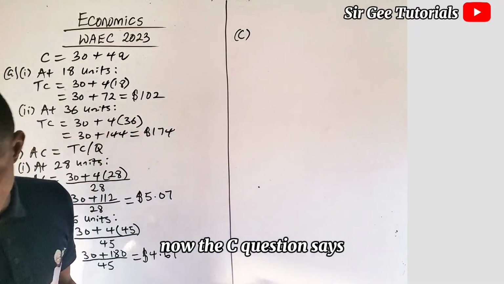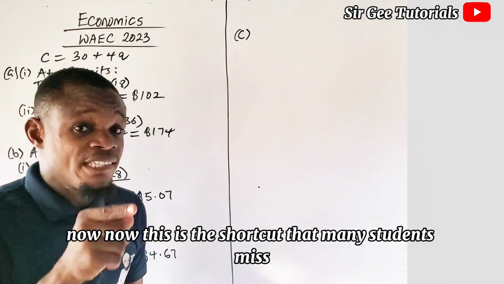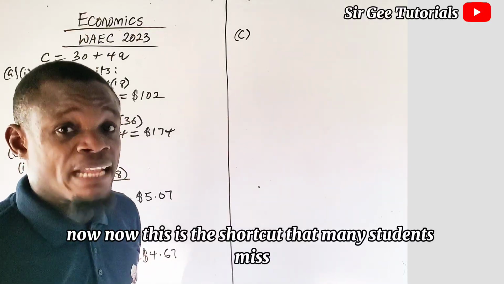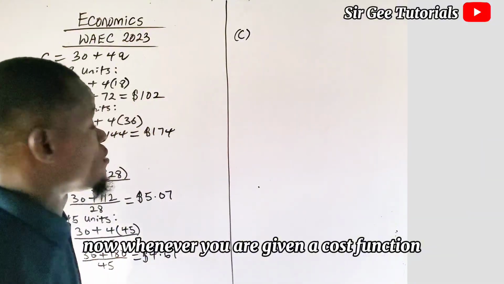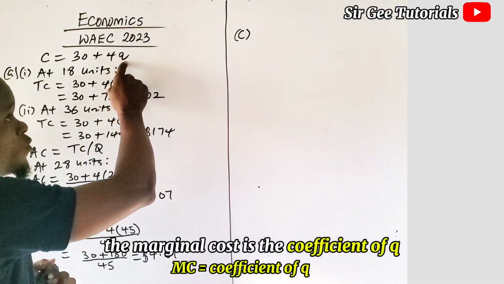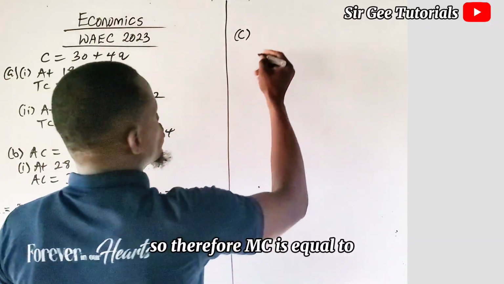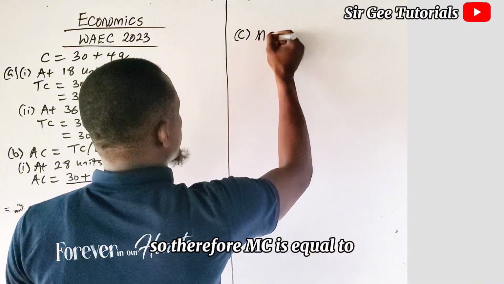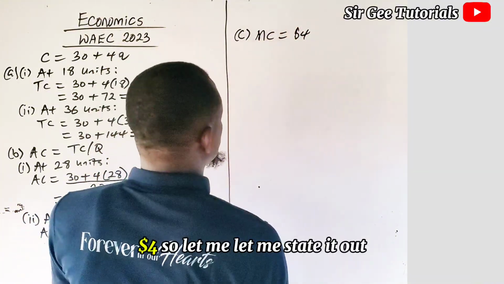Now the C question says, what is the marginal cost in dollars of producing 28 units? Now this is the shortcut that many students miss. Whenever you are given a cost function, the marginal cost is the coefficient of Q, which is quantity or output. The coefficient of Q is the marginal cost. So, therefore, MC is equal to $4.